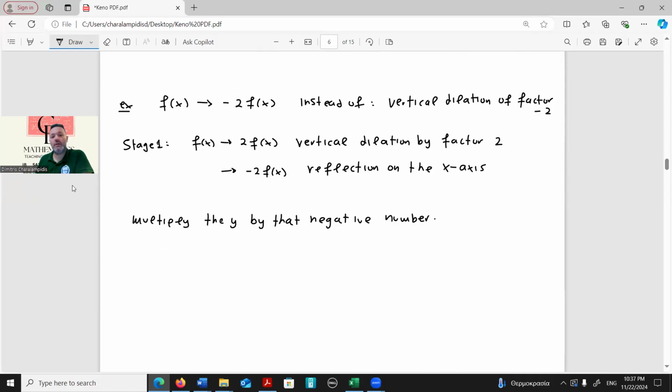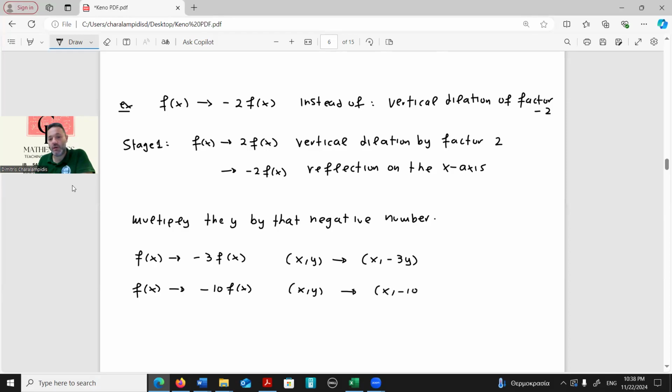For example, in the transformation from f of x to minus 3f of x, the random point with coordinates x, y would have been transformed to x, negative 3y. In f of x moving to minus 10f of x, the random point with coordinates x, y would have moved to x, negative 10y.